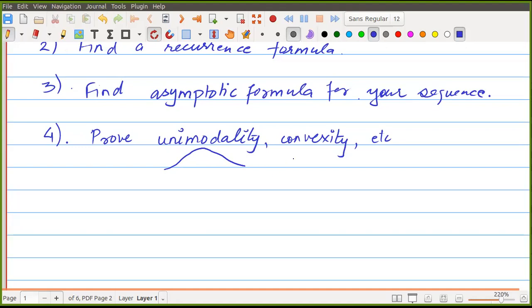Convexity, you know, the convex function itself. So a sequence being convex in a similar manner. And then prove various identities.